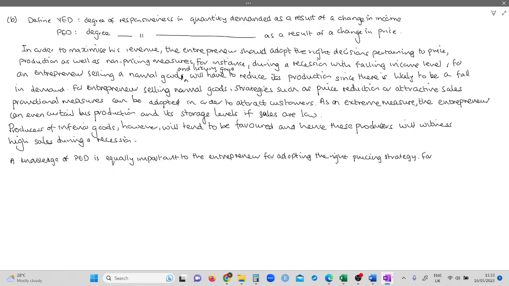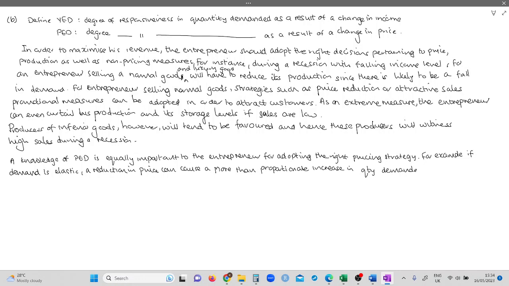So for example, if demand is elastic, then a reduction in price can cause a more than proportionate increase in quantity demanded. Therefore, it will tend to increase the revenue of producers.